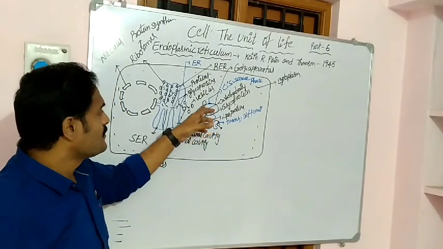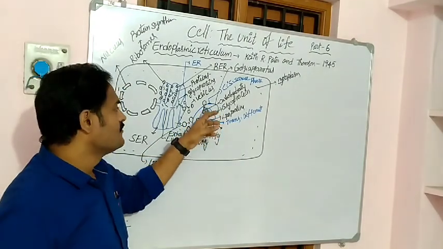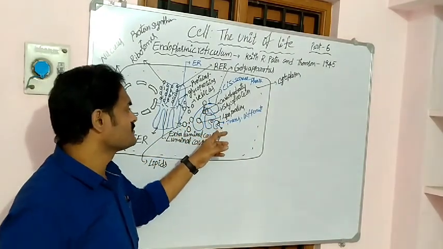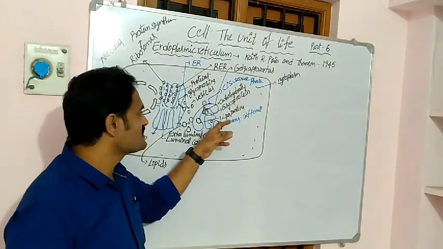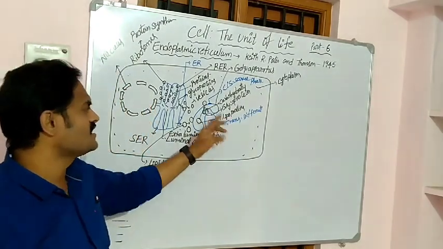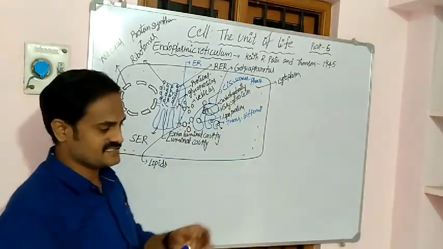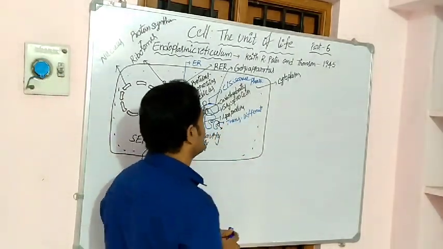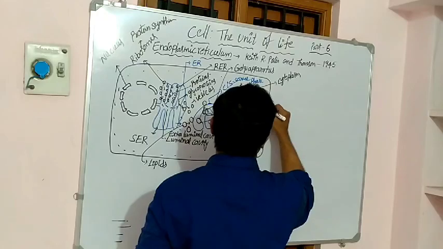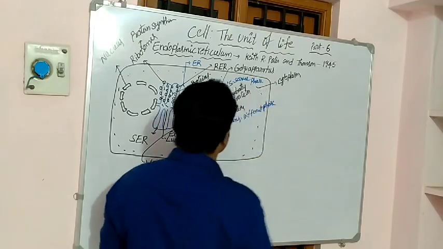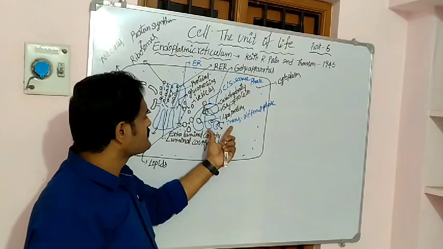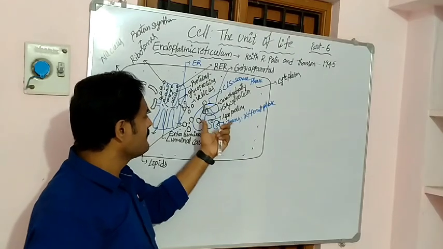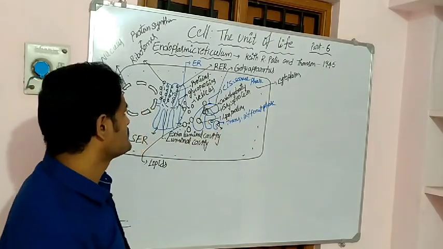And where the modified proteins are released is called trans, meaning different phase. This is the kind of change we notice in the Golgi complex.